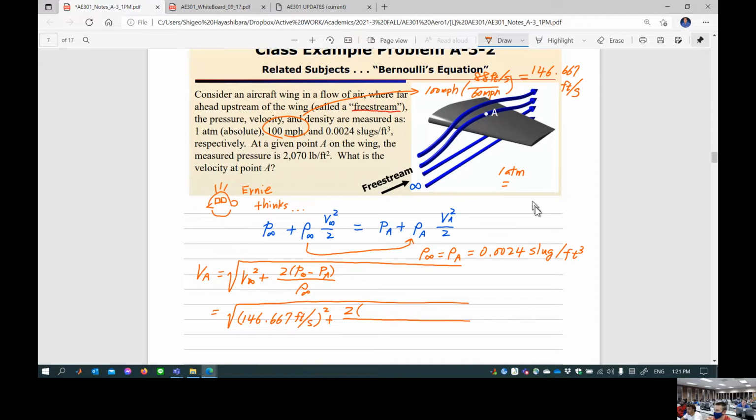Well, you need to know the altitude though. So let's assume this is sea level. No one says so, but let's assume it.